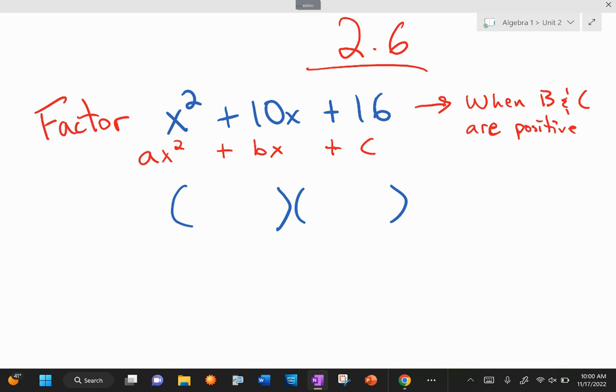What is B? 10. And C is 16. Okay, so this is the part where you're looking at one particular thing and it's giving you a clue on how to figure out another thing.